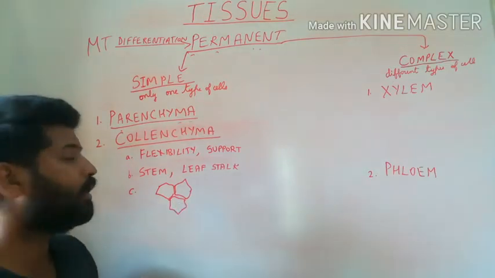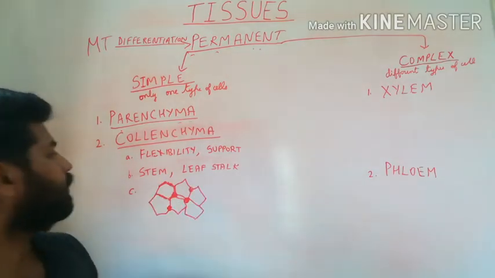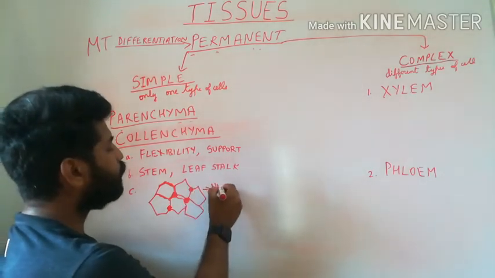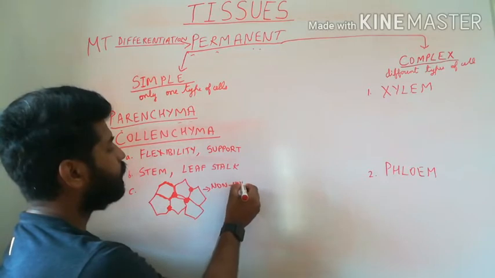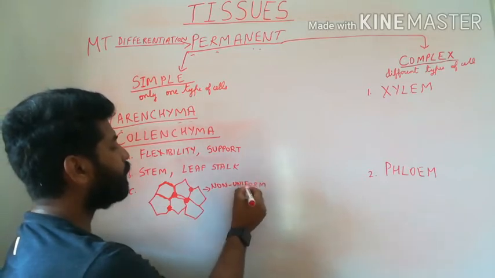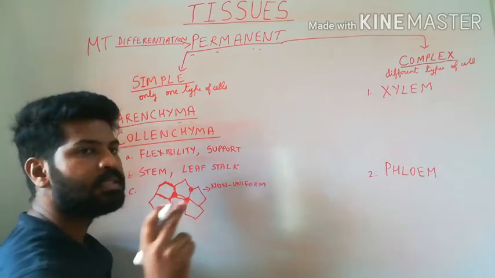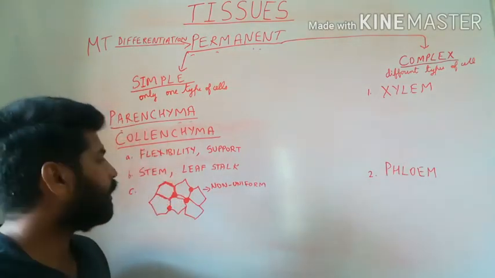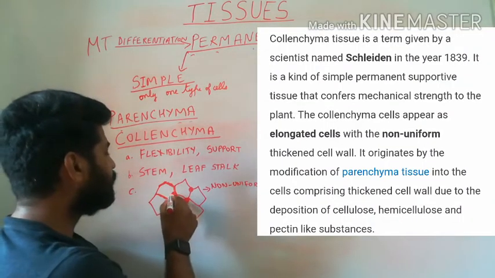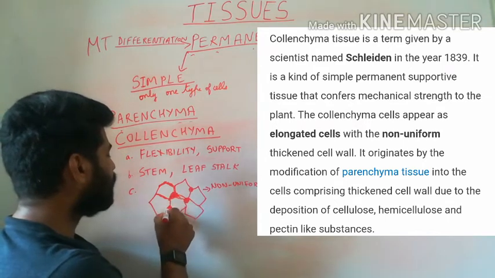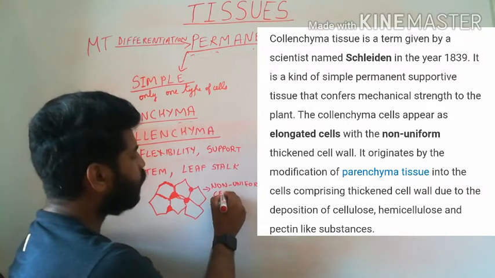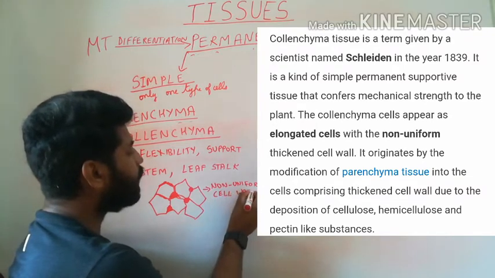That is number one. Very important, the cell wall thickenings are non-uniform. In the case of parenchyma, the cell wall was thin and it was uniform everywhere, whereas here the cell walls are thick at the corners. So, non-uniform cell wall thickenings is a common feature.